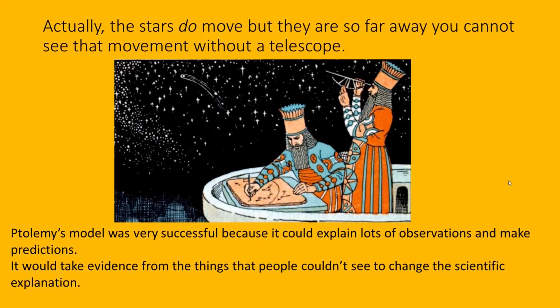Ptolemy's model was very successful because it could explain lots of observations and make predictions, predictions of the movement of the planets. It would take evidence from the things that people couldn't see to change the scientific explanation.